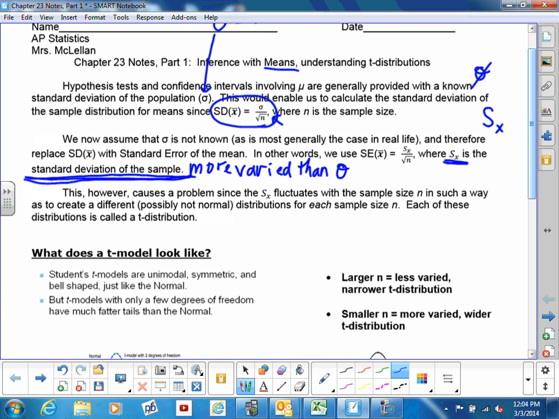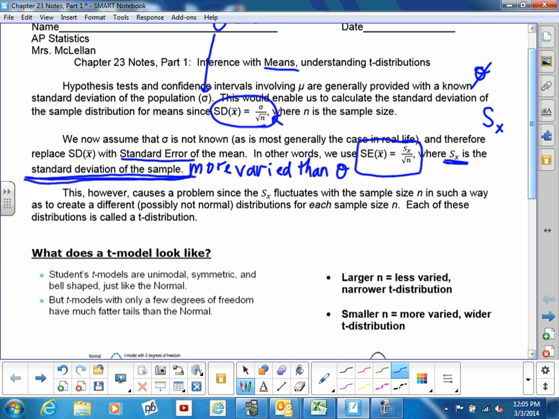Because of that reason, they call this a standard error instead of standard deviation. It is not because there's a mistake. It is because it has more variation, so there's more ability to make mistakes because of the more variation.